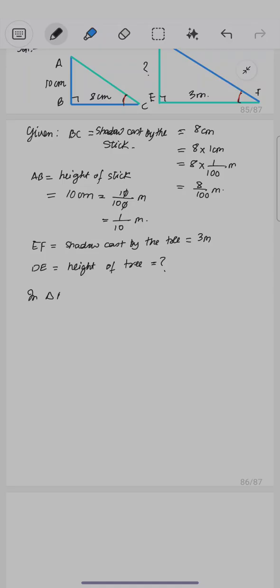in triangle ABC and triangle DEF, angle B and angle E are equal, reason being 90 degree. Again, angle C and angle F are equal because angular elevation is equal at the same timing.